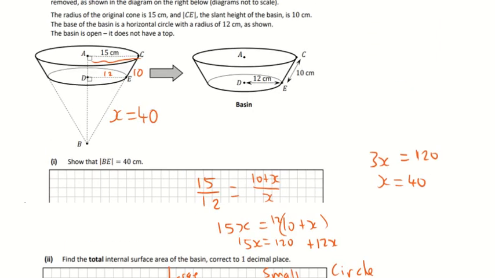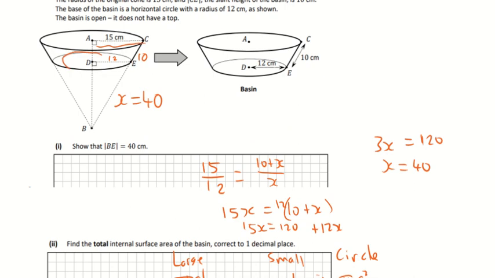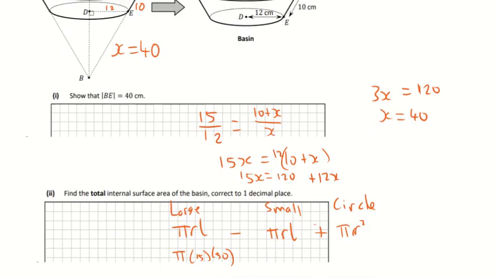So that's for the big one. And then for the small cone, so we're only looking at this one here, the slant will be 40 for that, and the radius is 12.